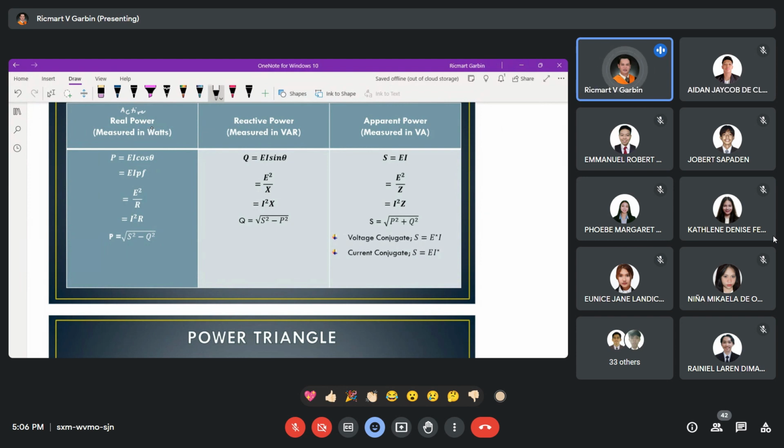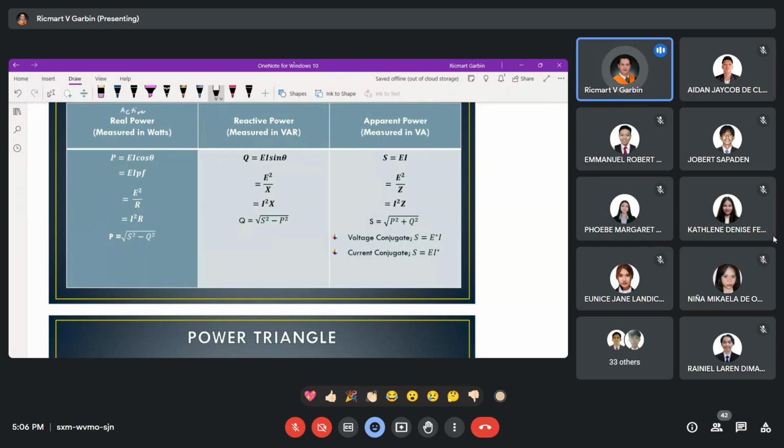So mamaya ko ipapakita kung anong ibig sabihin na rin S squared minus Q squared square root. Tapos, kapag reactive power naman, so siya naman ay Q. So EI sin theta naman ito, then E squared over X, depende yan kung capacitive or inductive ulit. Then I squared X at saka Q is equal to S squared minus P squared.